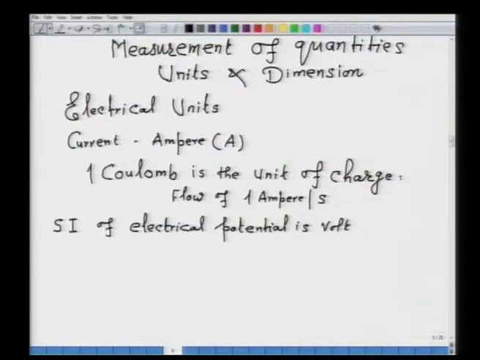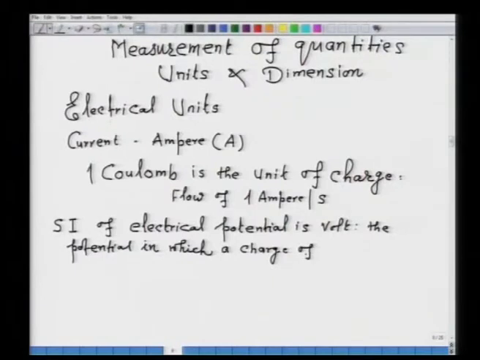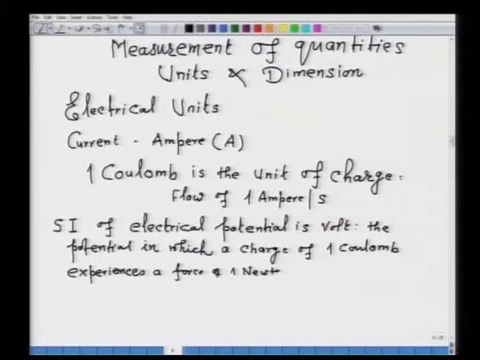I think all of you know, and volt is the potential in which a charge of 1 coulomb experiences a force of 1 Newton. Now, this is what about the volt.